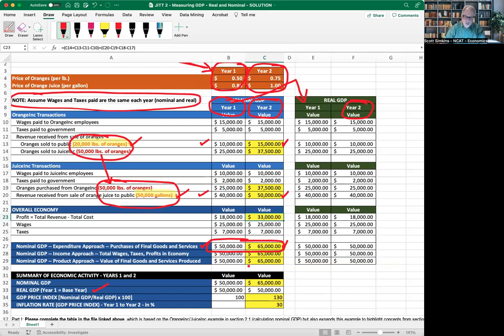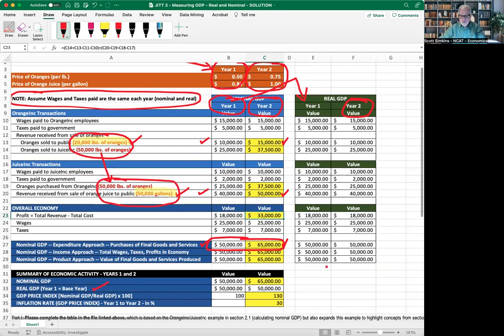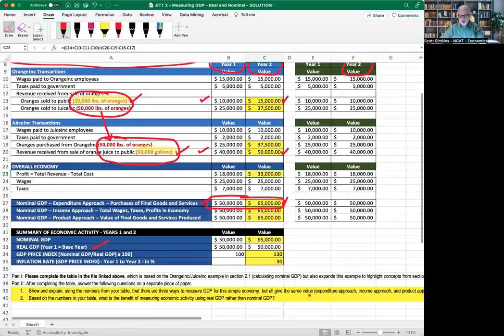That can give us a real measure of the standard of living, of what's available to people, right? Even when prices are changing. And so real GDP does that. It measures the value of goods and services in constant prices, or base year prices in this case, right? And allows us to compare year to year. What's the real value of GDP from year to year?